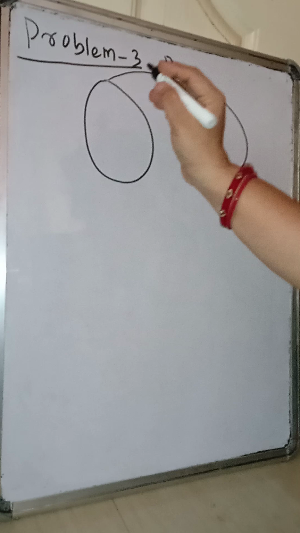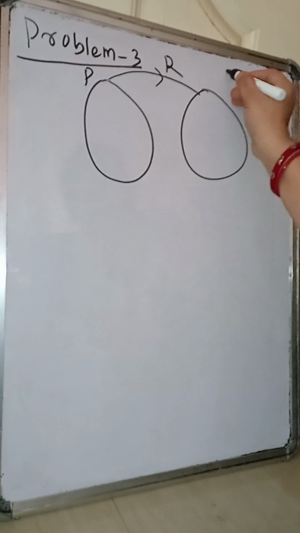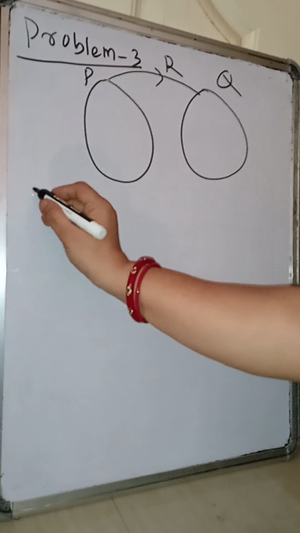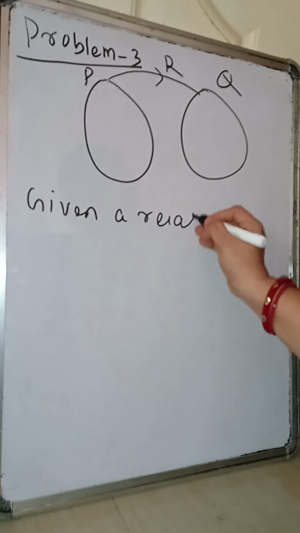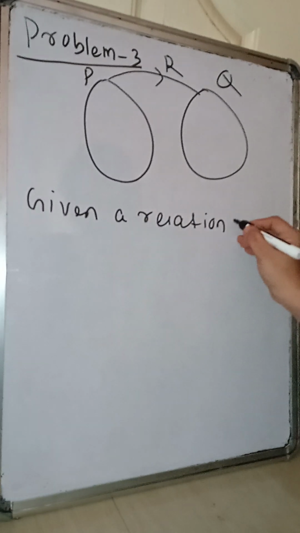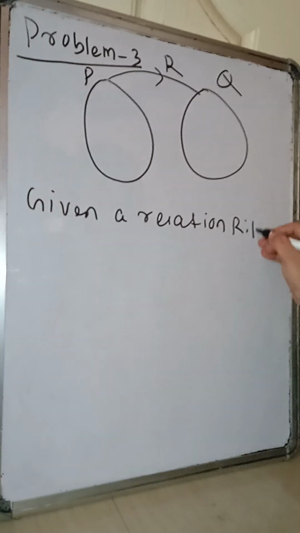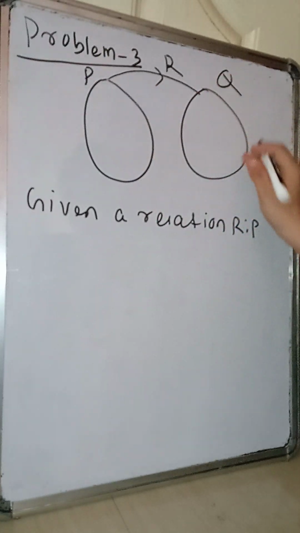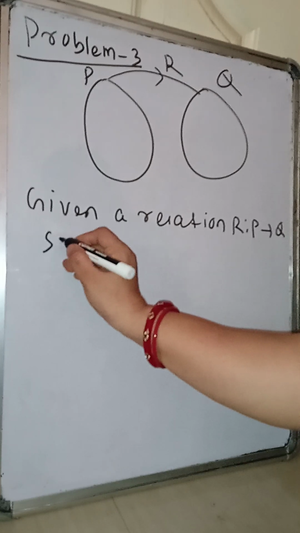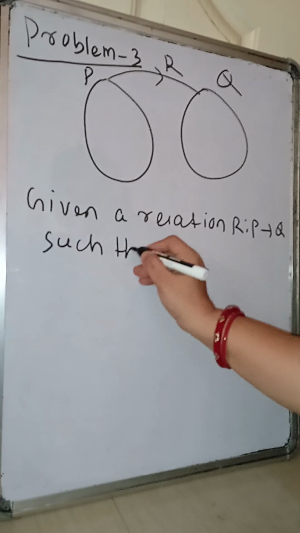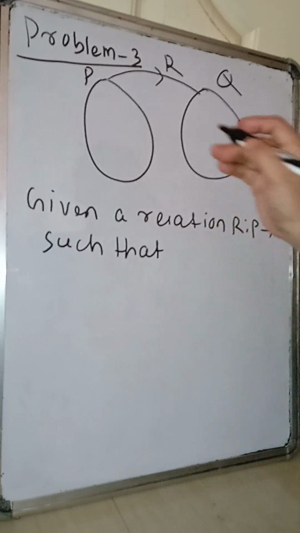R is a relation from set P to set Q, given pictorially like this.